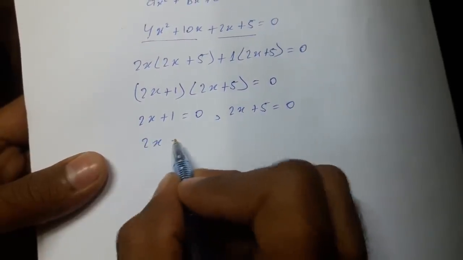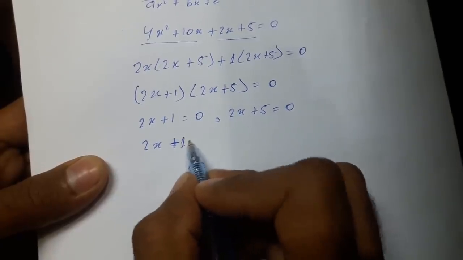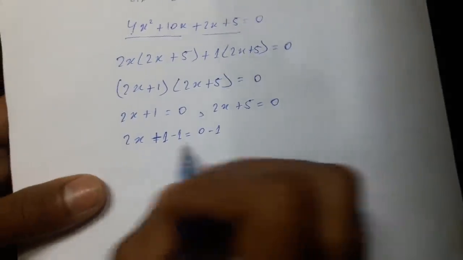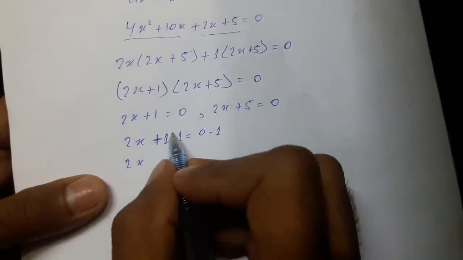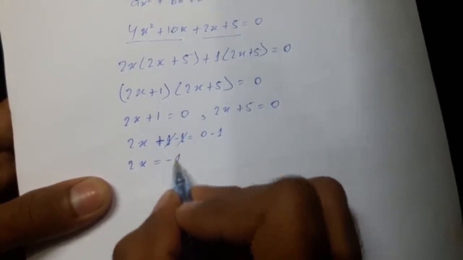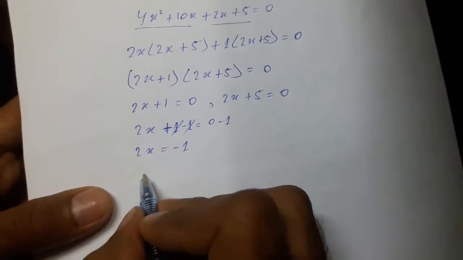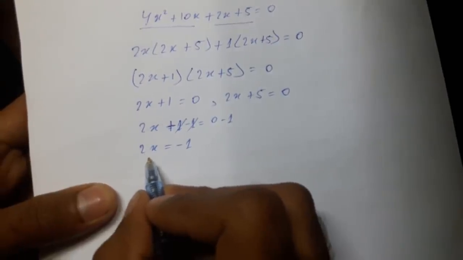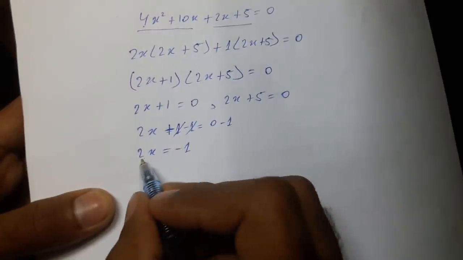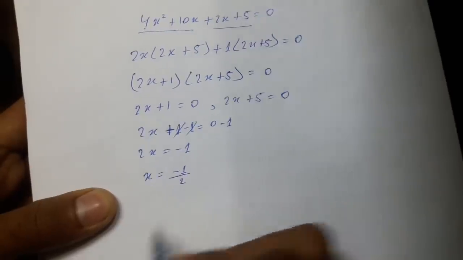So 2x is equal to, here this one is plus 1, so we subtract 1 on both sides. So 2x is equal to minus 1. 2 is multiplying with x, so if we move it to the other side, x will be minus 1 over 2.